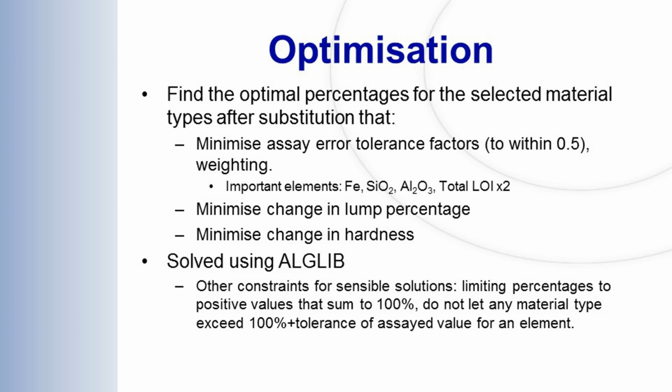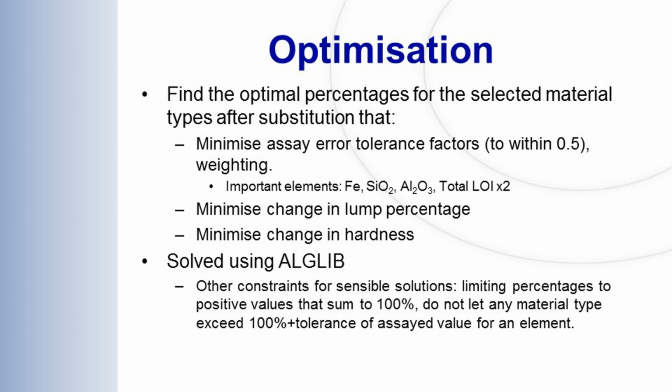We're also trying to minimise the change in the lump percentage, so maintaining the physical properties for the downstream prediction, and also minimising changes in the hardness. So this is one way in which we can respect the original logging that was performed at the rig. We used a library called AlgLib, which has a number of numerical algorithms in it, and there's a few other cheats as well, just to cut off large spaces of the search space.